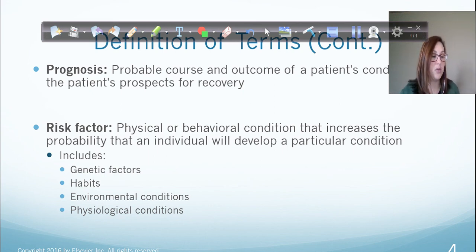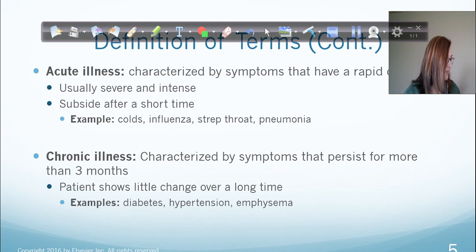That might increase their risk of being an alcoholic themselves. Physiological conditions, that might be someone with obesity. So with obesity, that can increase their risk of diabetes. It can increase their risk of heart disease. So just different factors that can all contribute to someone being more likely to develop a specific medical condition or disease.